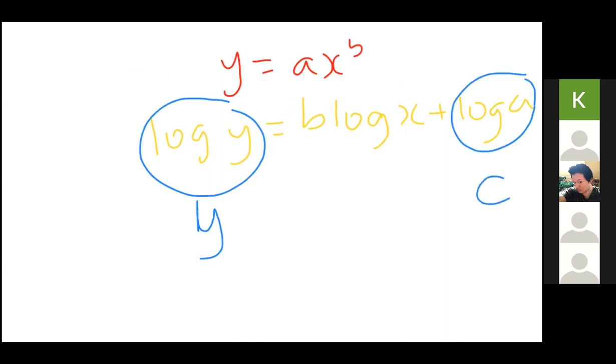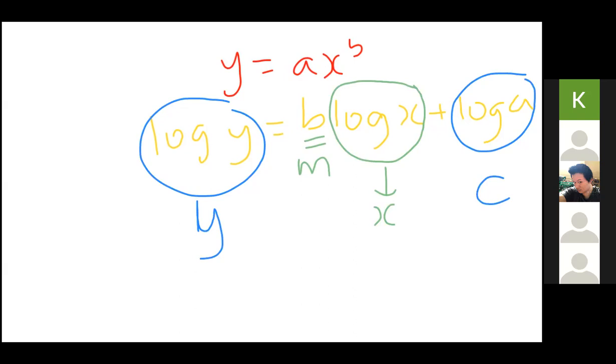However, this is where it's different. This right here, log of x, this is my x, and b is my gradient. I only waited until now to show you so you could see it for yourself, right? Instead of me just telling you, you actually saw it for yourself.